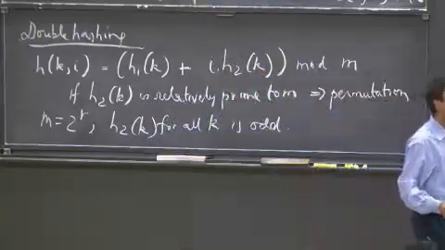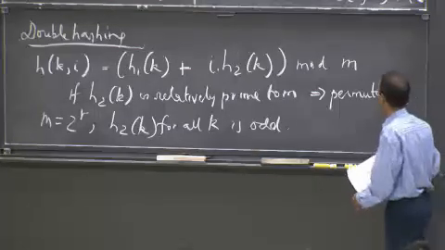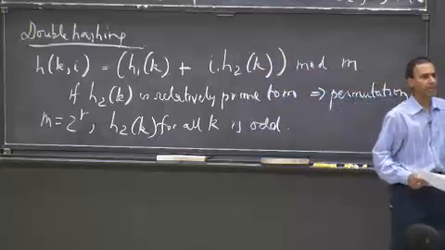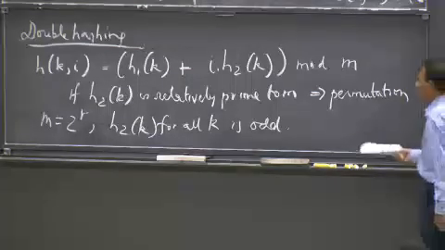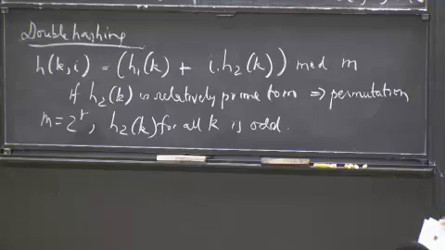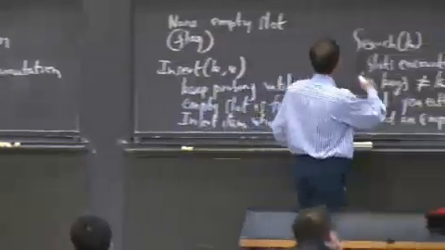You can have your array to be 2 raised to something, which is what you really want. And you just choose your h2(k). You can even take a regular hash function and truncate it to make sure it's odd. You can do a bunch of things. There's hash functions that produce odd values, and you can use that. All right? And so double hashing works fairly well in practice.